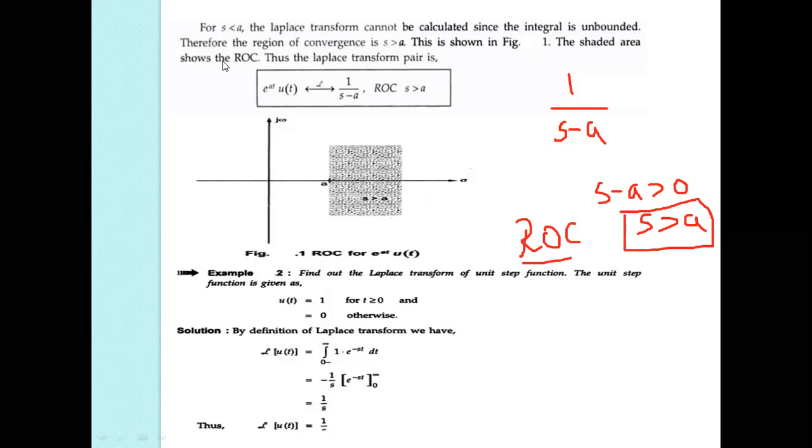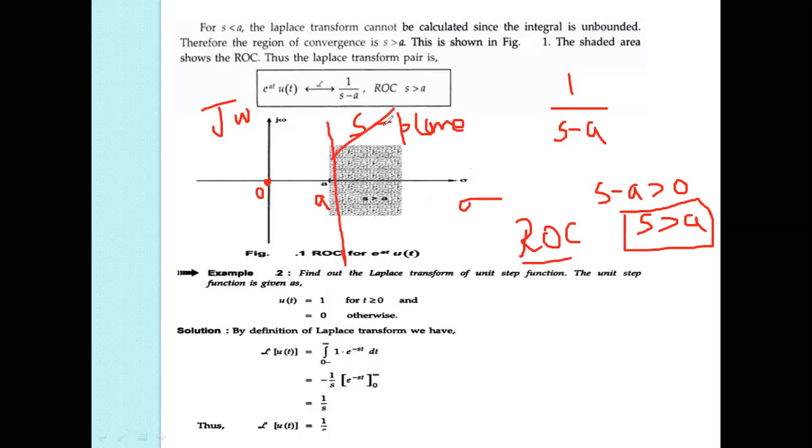The shaded area shows the ROC. See, this is the s-plane, with the real axis sigma and the imaginary axis j omega. We can call it the s-plane, with 4 quadrants. In that, 0 is the origin, and I'm taking s equal to a.